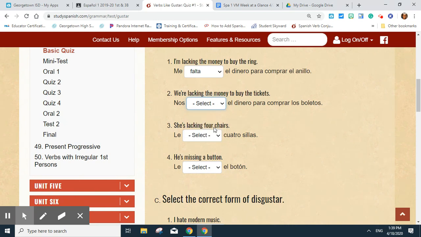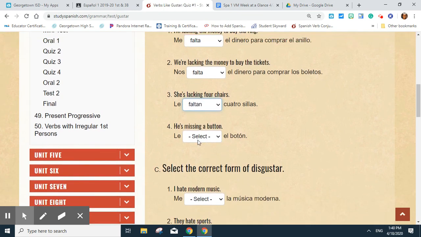It's still singular because they're talking about el dinero. Now, she's lacking four chairs. Four chairs, sillas. That makes it what? Plural. So we're going to use here faltan. He is missing a button. Le falta, because we're talking about one.